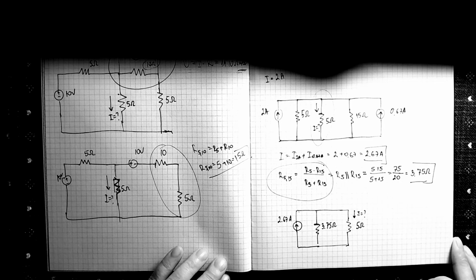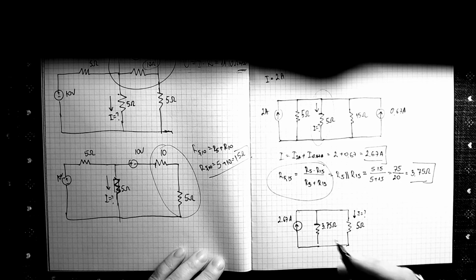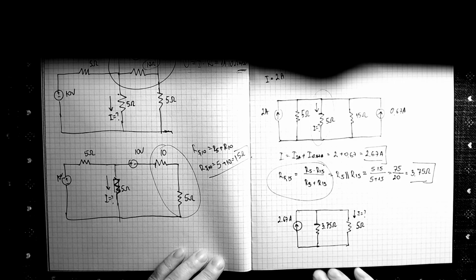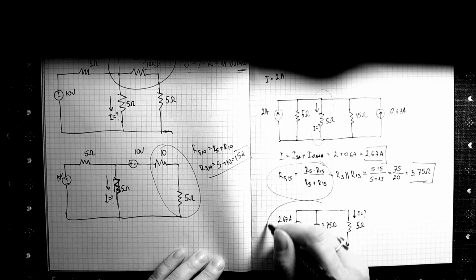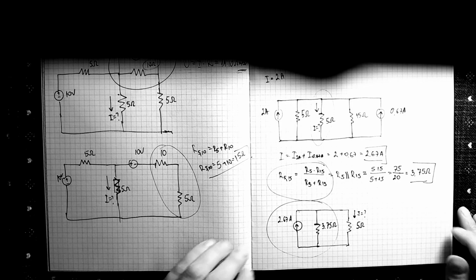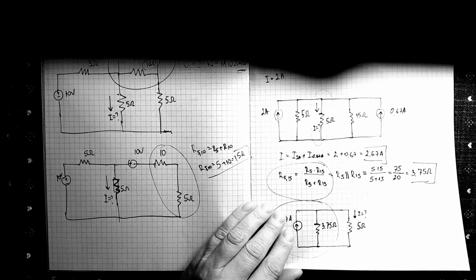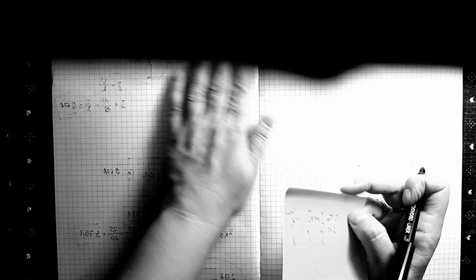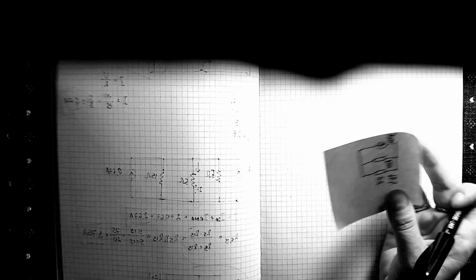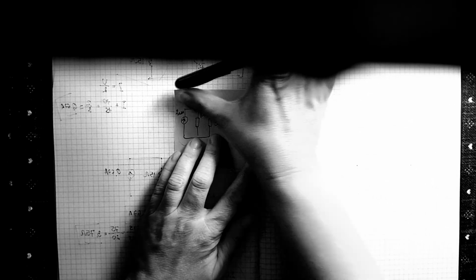Now, because it's a little harder, since we know Kirchhoff's first law for the currents, our next step is to transform this current source into a voltage source. Since my side has this print from the other side, I will use this paper here.